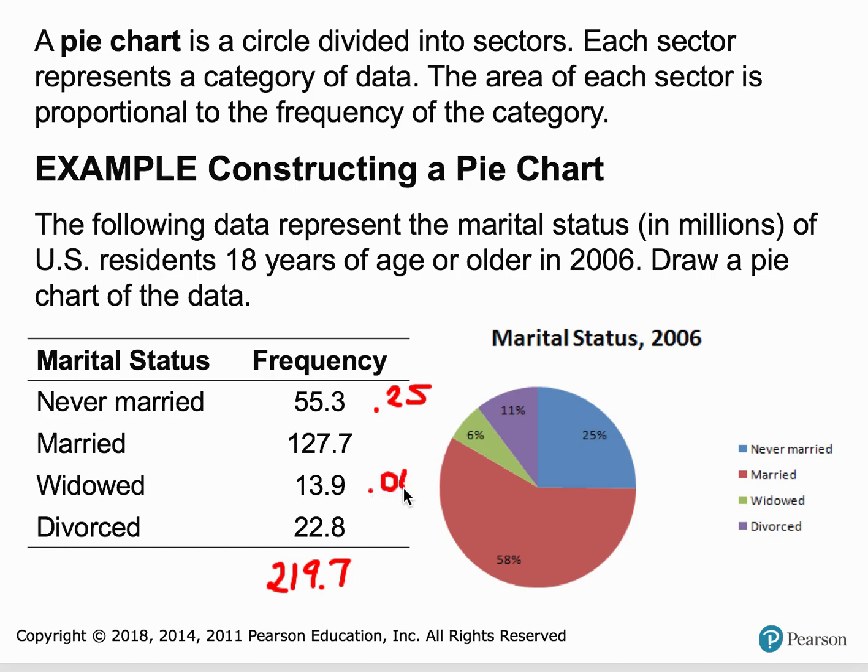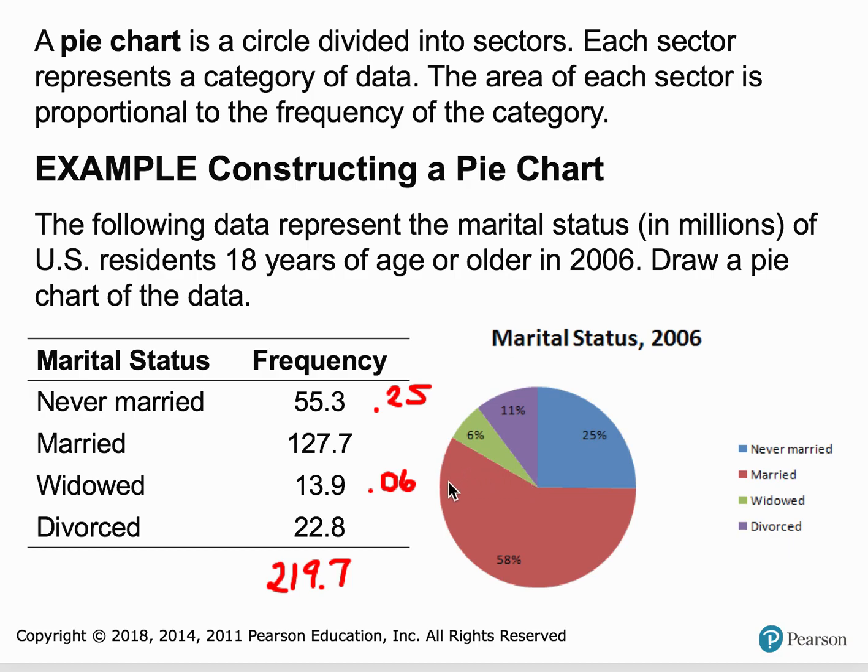Notice they've just rounded that to 6%. But if I were actually constructing this chart, these percentages aren't sufficient for me to be able to draw that. The 25%, I know, is a fourth of that circle, so that's pretty easy. But 6%, how big of a sector do I make for 6%?